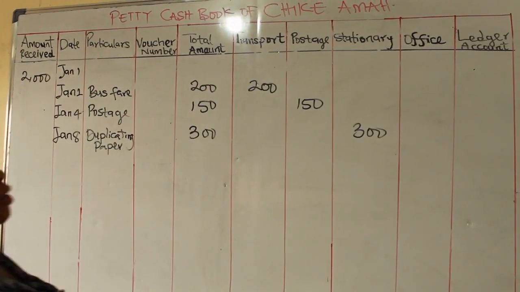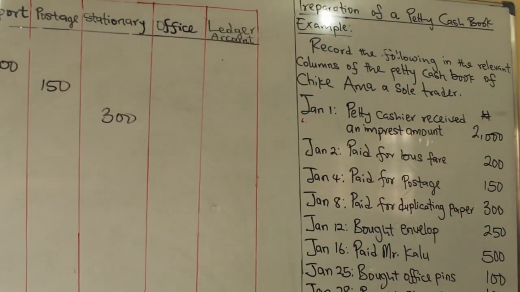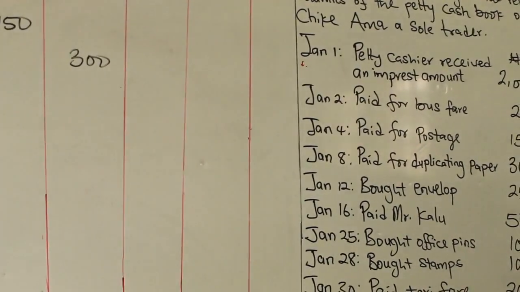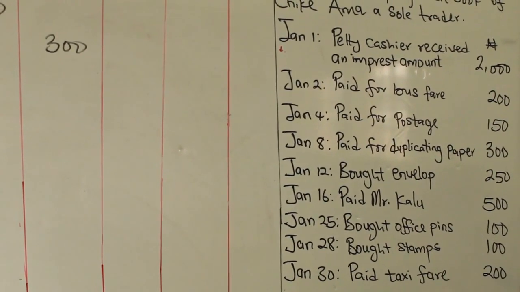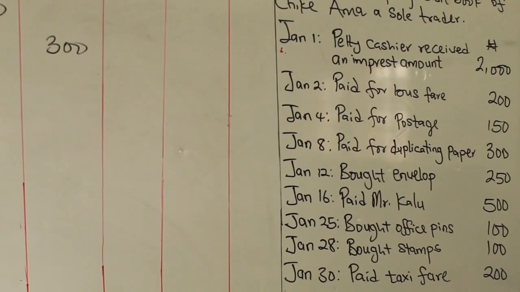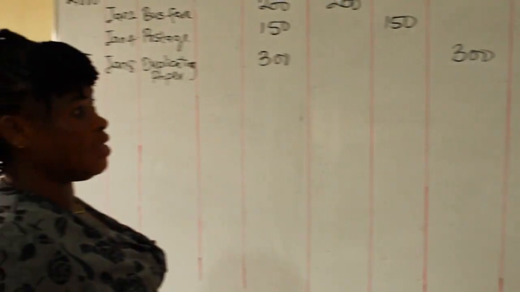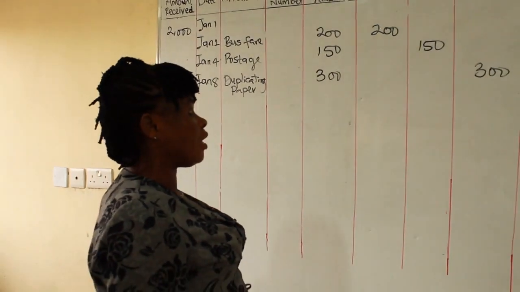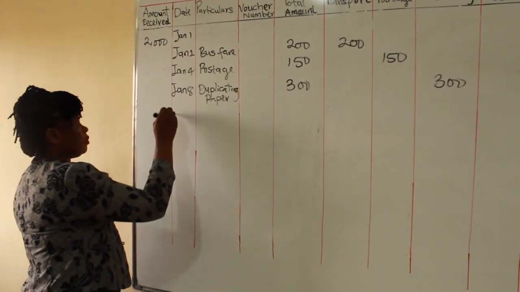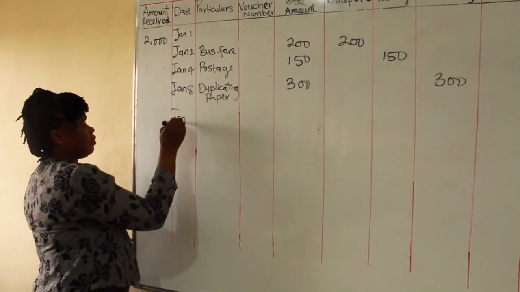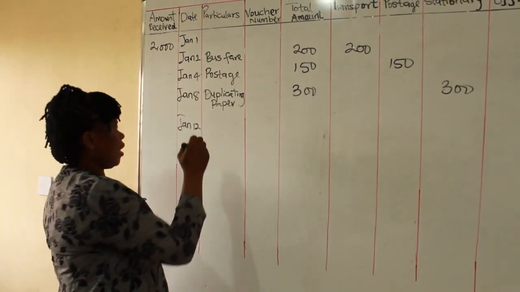Now, on January 12th, bought envelope for 250 naira. The petty cashier gave out money for envelope, 250 naira. So we post it first on the debit side and then take it to the credit side of the petty cash book. Therefore, we have January 12th, envelope.